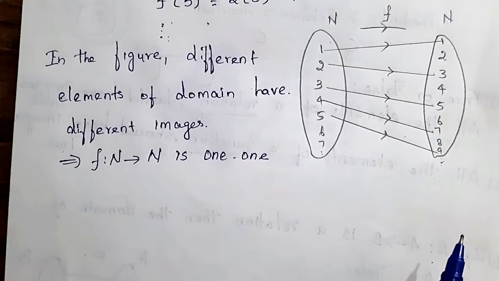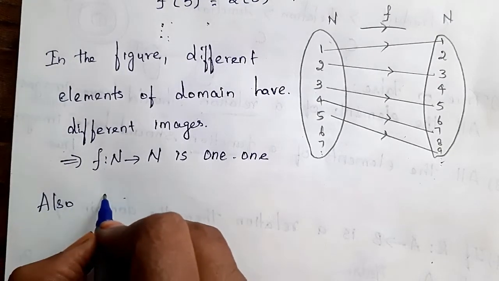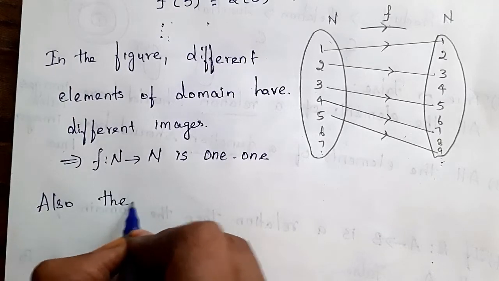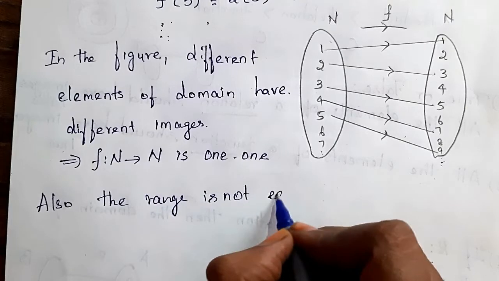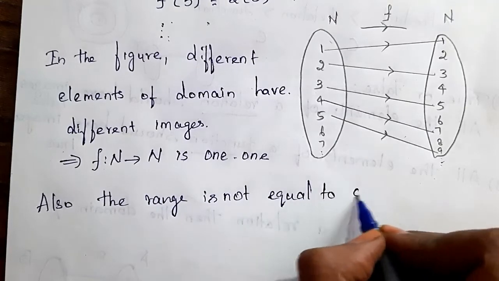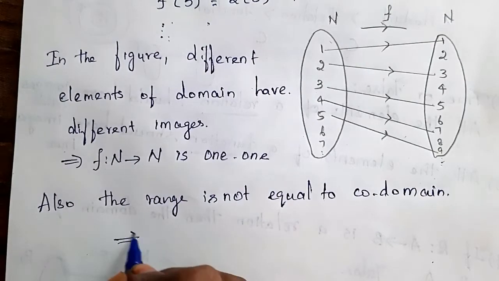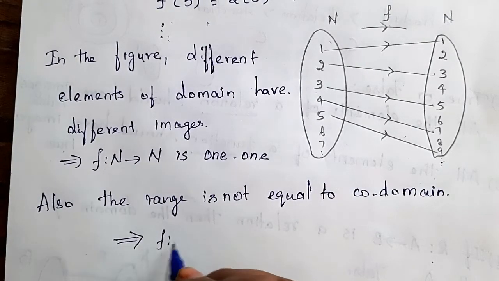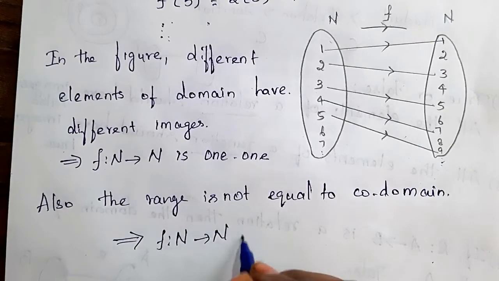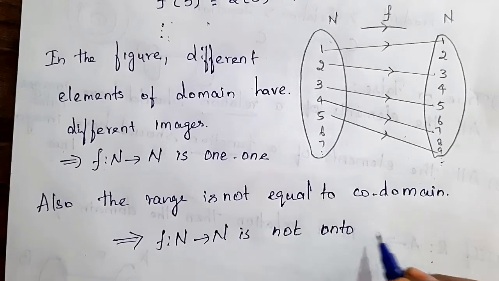So it is not an onto function. That implies we can conclude that f from N to N is not onto.